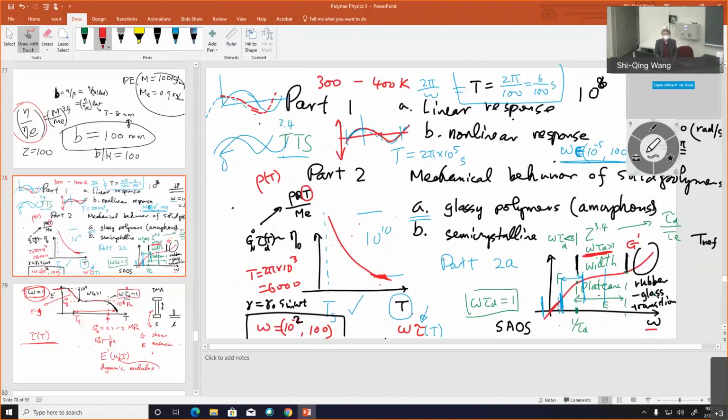Well, you do the opposite. Because this happens at a smaller omega times tau, which means I need to make my tau smaller, which means I increase my temperature. According to this curve, as I increase my temperature, my tau will come down. So that's the whole spirit. And you patiently run this for many temperatures.